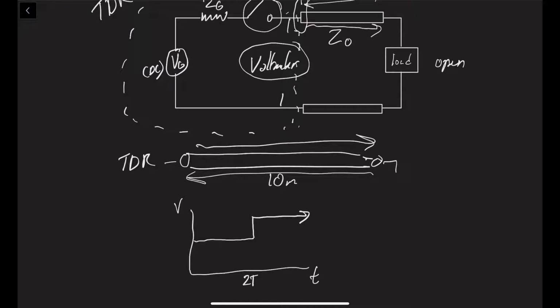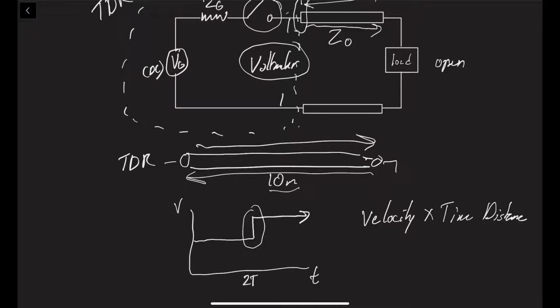So why is this important? Well, if we have both the voltage and the time, then if we give the TDR the velocity, since the TDR has the time, we are able to get the distance. This is the most important part of the TDR, because now the TDR can tell us that this open circuit happened at exactly 10 meters.